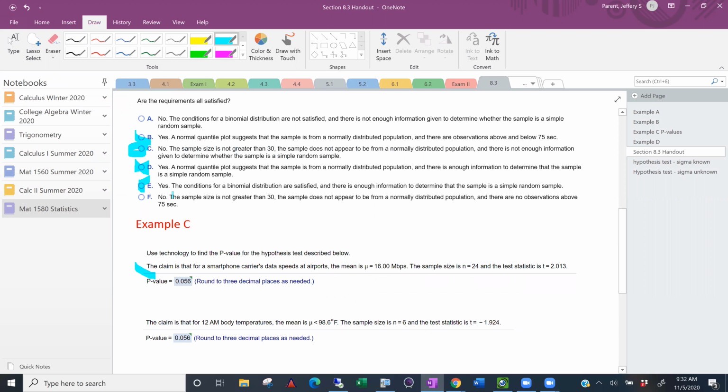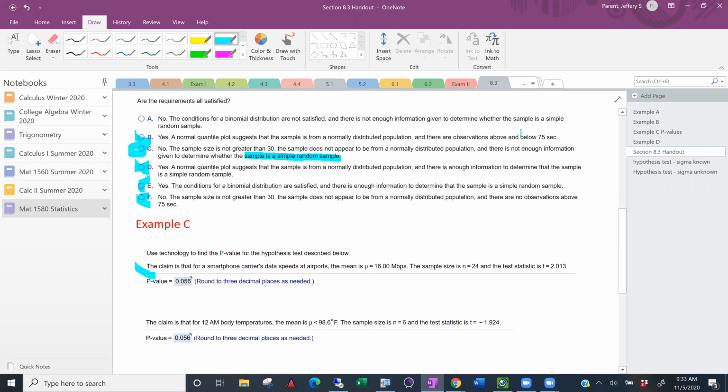And yeah, C is looking pretty good. Kind of a process of elimination. Because it's certainly nothing that says yes, so it has to be something that says no. And C fits the bill. Our sample size was 12. Sample data is not normally distributed. And there's no way to know if this was a simple random sample. So basically it fails.